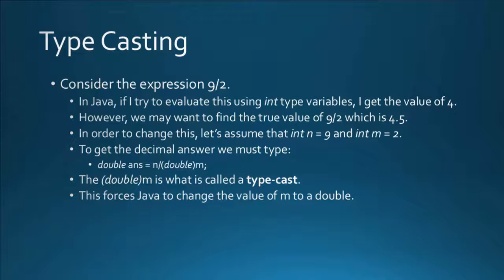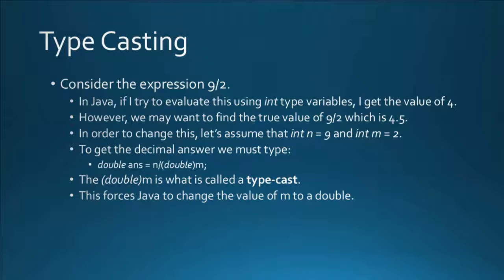That's done through typecasting. So let's look at the expression 9/2. In Java, if I try to evaluate this using the int type variable, I get a value of 4, because the 0.5 is truncated. We may want to find the true value of 9 divided by 2, which is 4.5. Let's assume that we start off with int n = 9 and int m = 2.